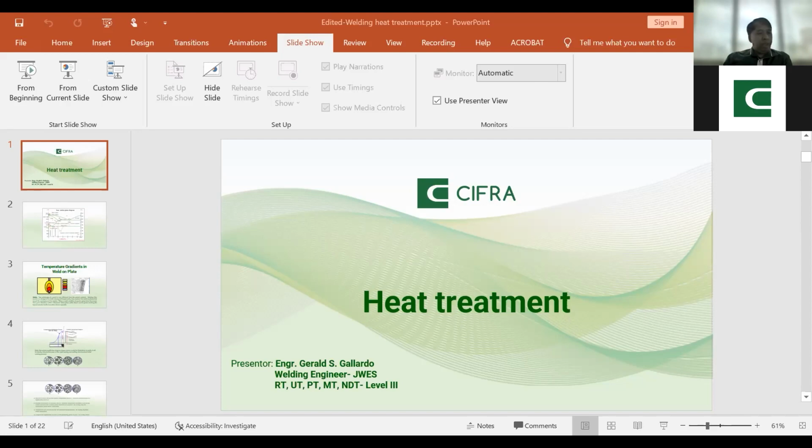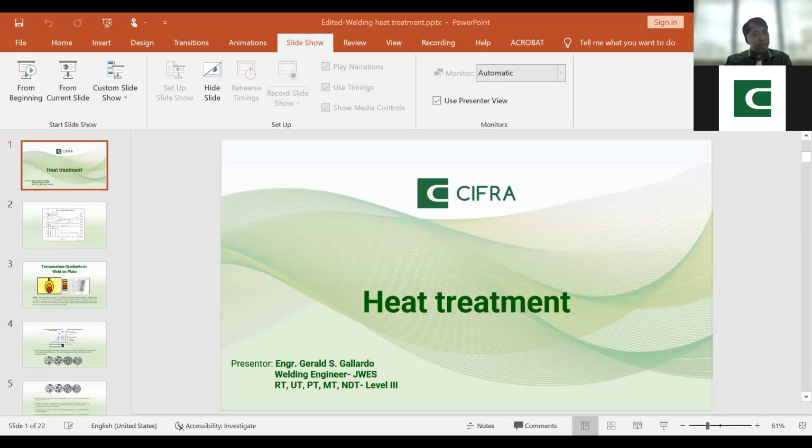So if our carbon content is up to 0.8%, may tinatawag tayo na pearlite and ferrite material, no? But it will transform kapag ang carbon content is between 0.8 up to 2.1%, the pearlite ferrite will be converted into pearlite cementite. Unti-unti siyang tumitigas, no?